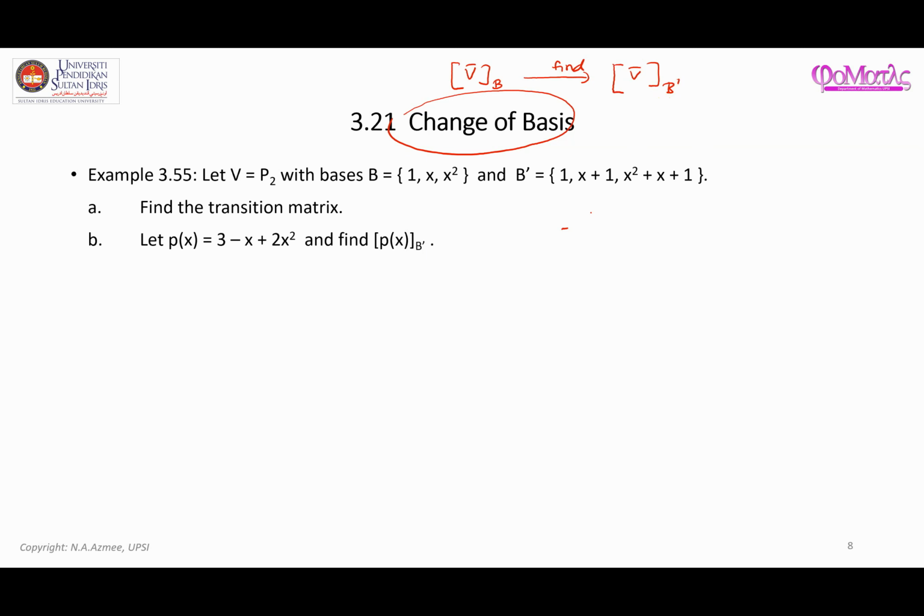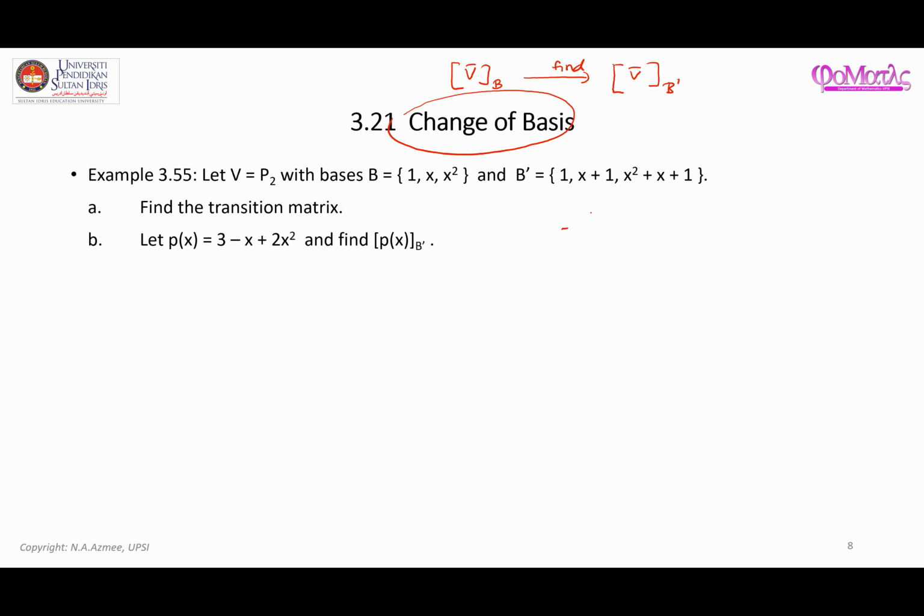In order to do this example, you first have to understand the procedure, which is already given and discussed in the previous video. So you have to go to the previous video to really understand the discussion that I'm going to embark on.